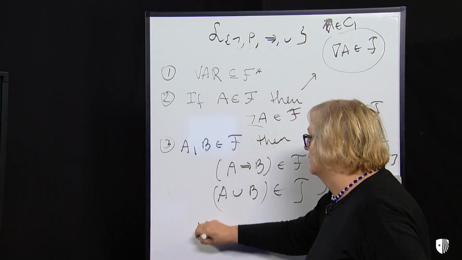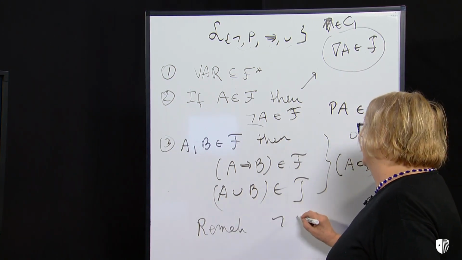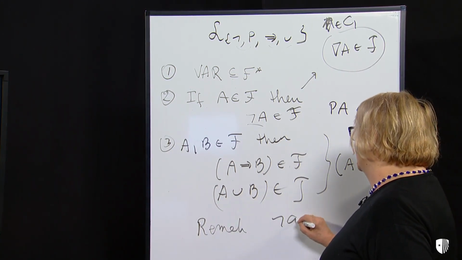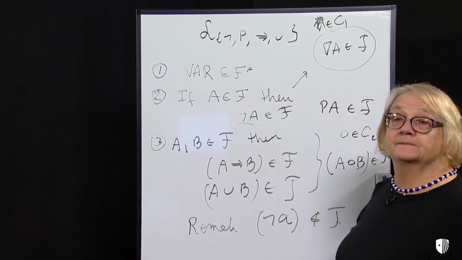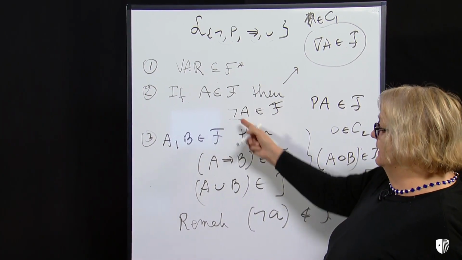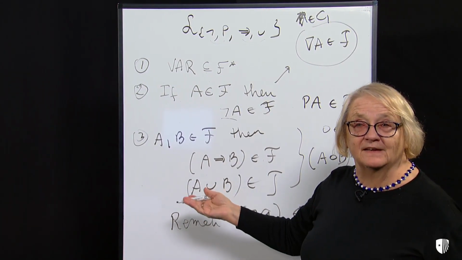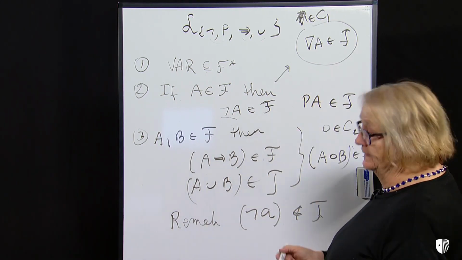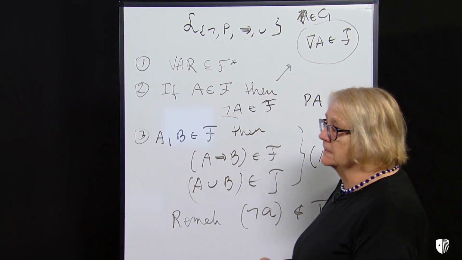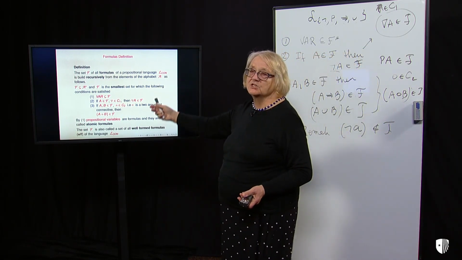Again, remark that, for example, not A is not a formula, because if you have negation, you don't put parentheses around. Everything is very structured. And of course, there is the smallest set which satisfies these conditions.